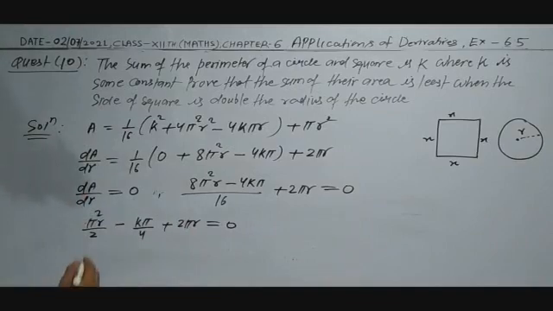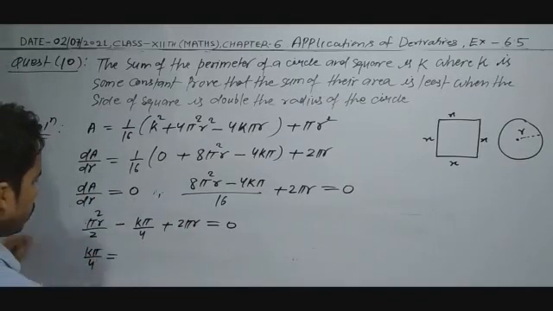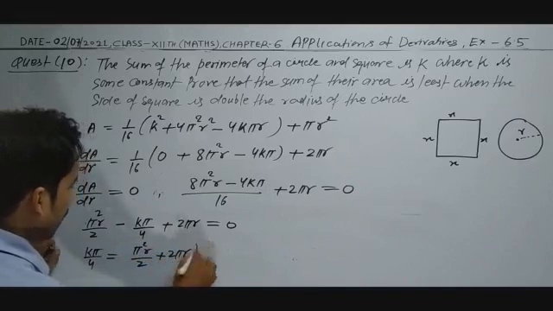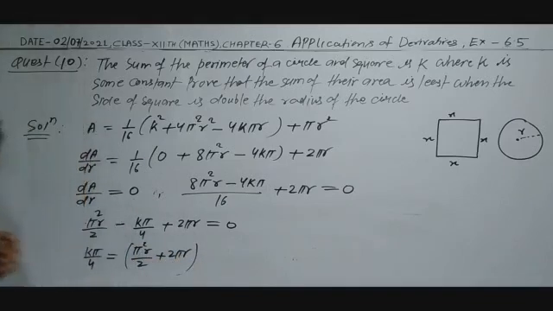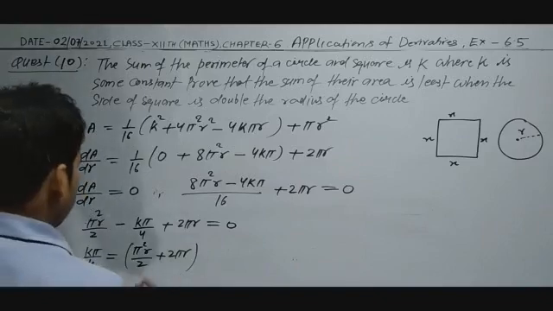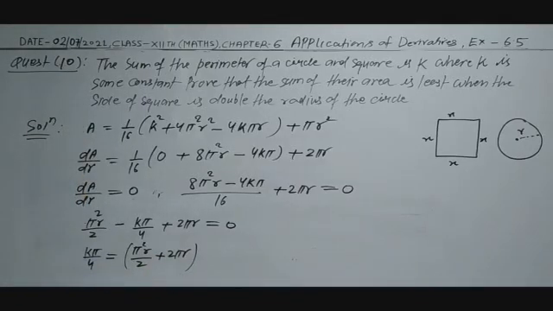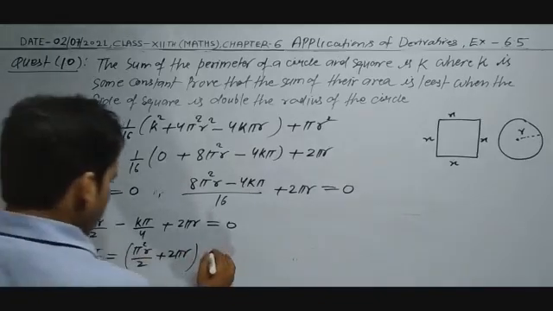Now k pi by 4 is equal to pi square r by 2 plus 2 pi r, and you can take common r.